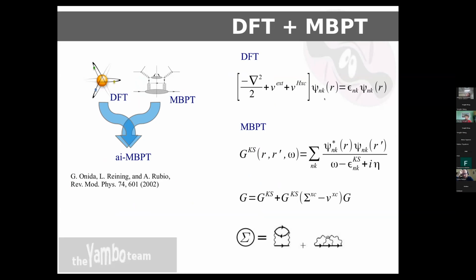And this is done in two steps. You first perform a standard density functional theory calculation, where you obtain your Kohn-Sham wave functions and Kohn-Sham energies. Then you use this information to build your reference Green function, the zero-order Green function. And then on top of this, you do diagrammatics and you insert the effects of the many-body self-energy.